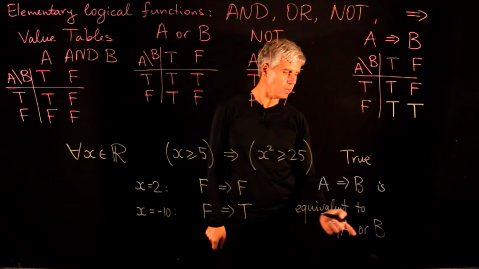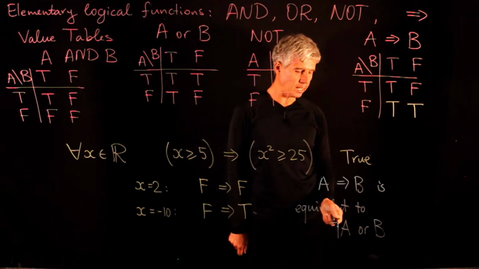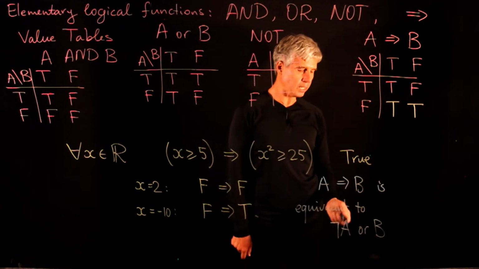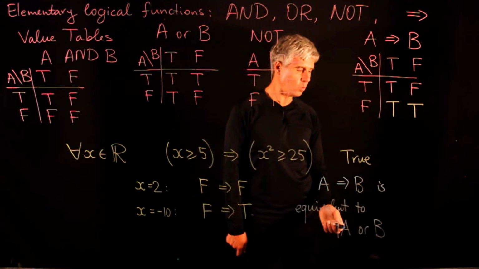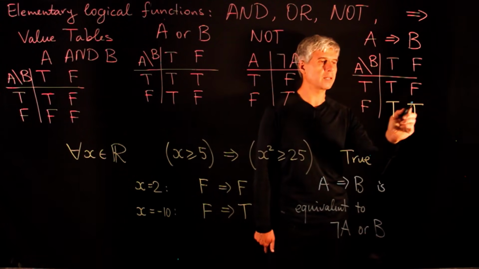So not A or B is false only in one case, when not A is false and B is false. But not A is false means that A is true. So this means that not A or B is false only in one case, when A is true and B is false. And that's exactly what we see here.